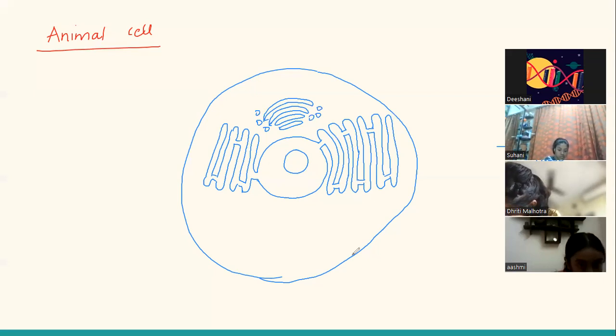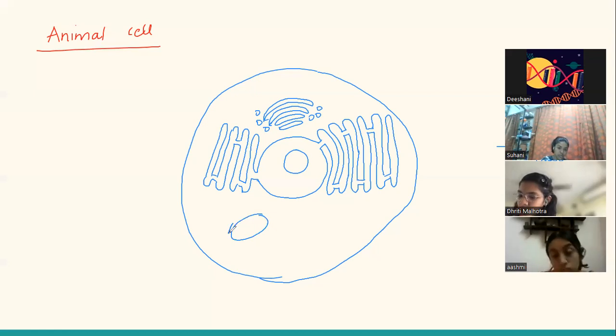Right. Next we have, of course, we have to draw mitochondria. Mitochondria would be like this. Make sure you're making a little bit big enough oval because you have to draw the folds inside as well, right? So make 2 because mitochondria has 2 membranes.